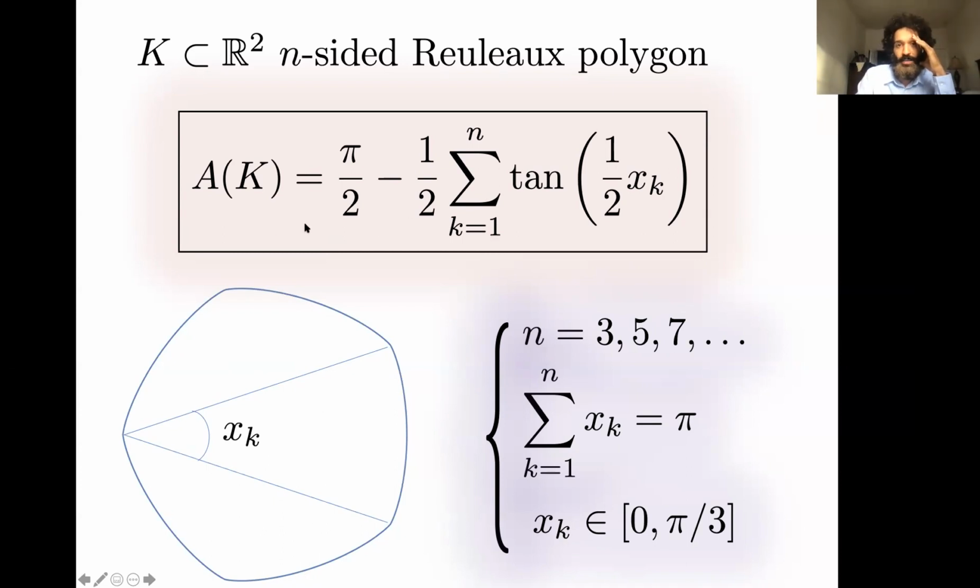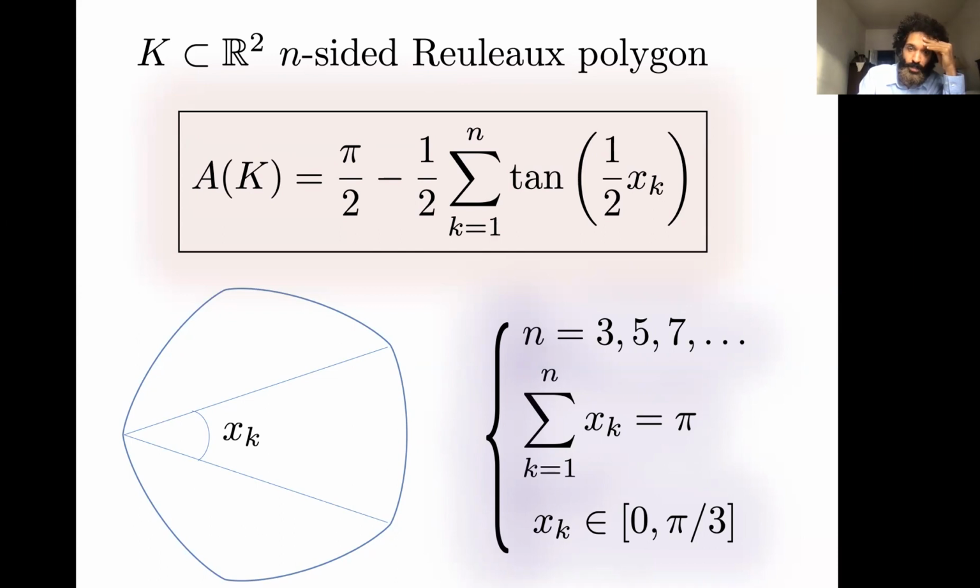So you can write down the area and show that it is maximized for the corresponding regular Rouleaux polygon, and that it's at least equal to the area of the Rouleaux triangle, which I forget. Actually, I'll write it down for you in a moment.